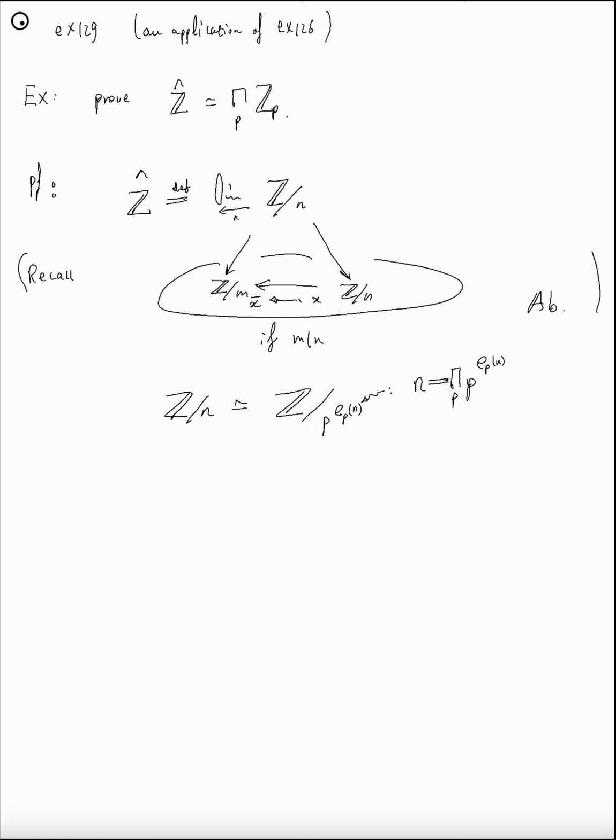Now by using this we can rewrite our Z hat as the inverse limit over n of, by the Chinese remainder theorem, a product over p of Z mod p^{e_p(n)}.